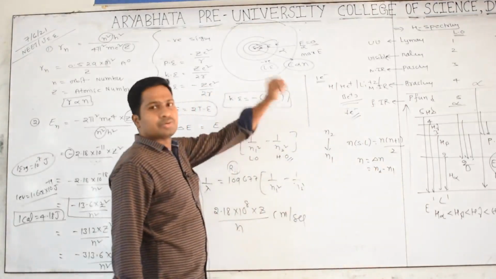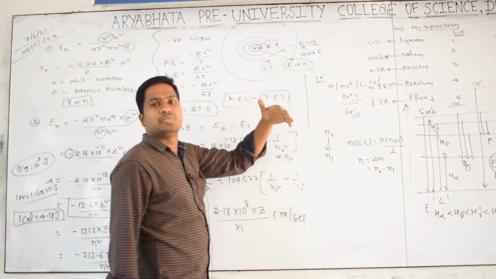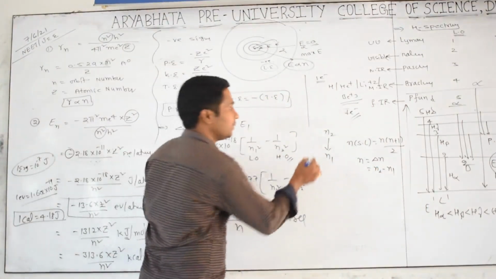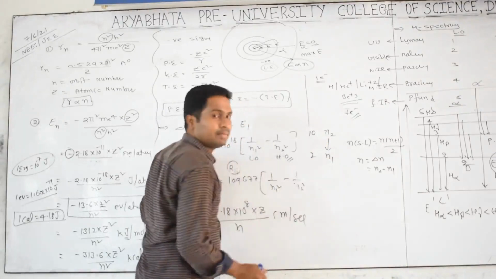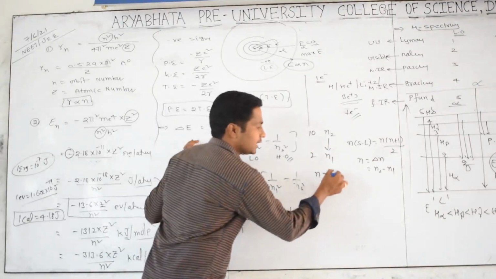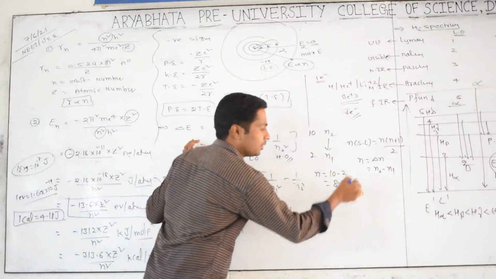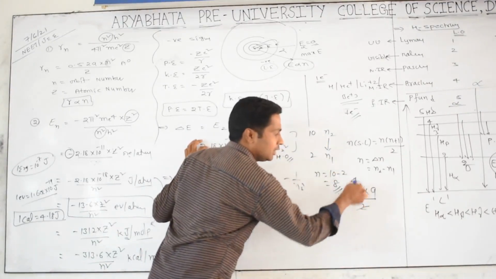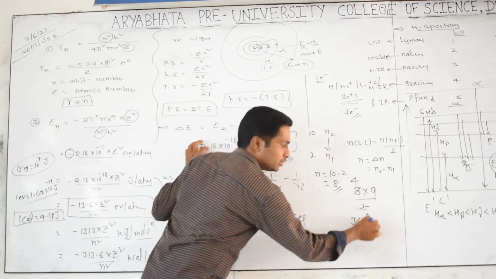If the electron jumps from the 10th level to the second level, then how many lines may you get? Formula n into n plus 1 by 2, where n is nothing but delta n. For example, 10th level to second level, so n is the difference, 10 minus 2, nothing but 8. Formula: 8 into 8 plus 1, that is 9, by 2, nothing but 36 lines we are getting.